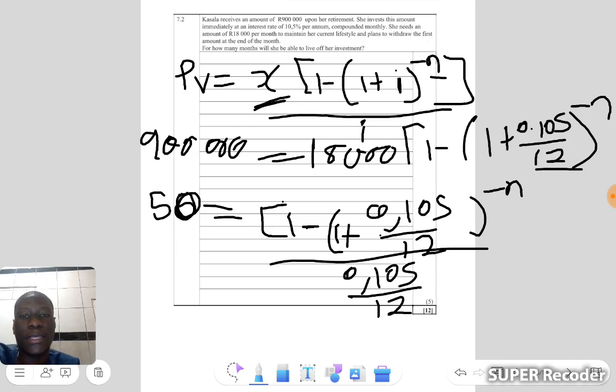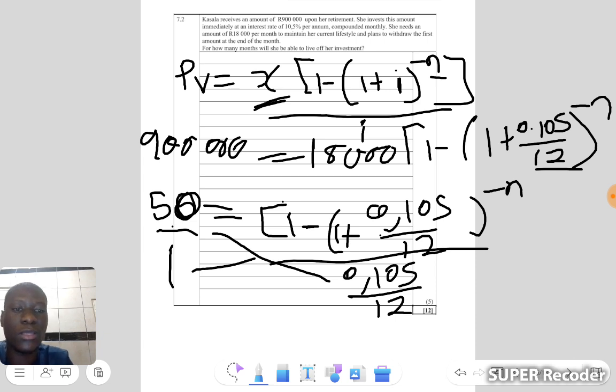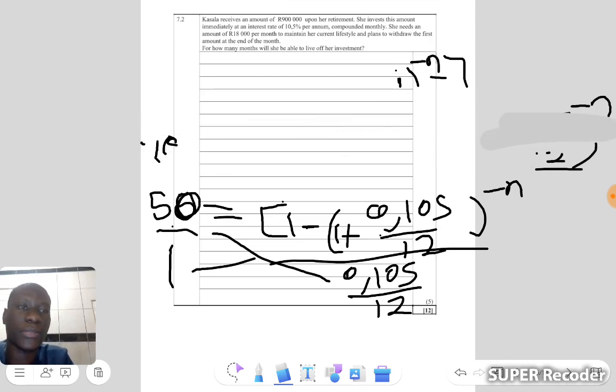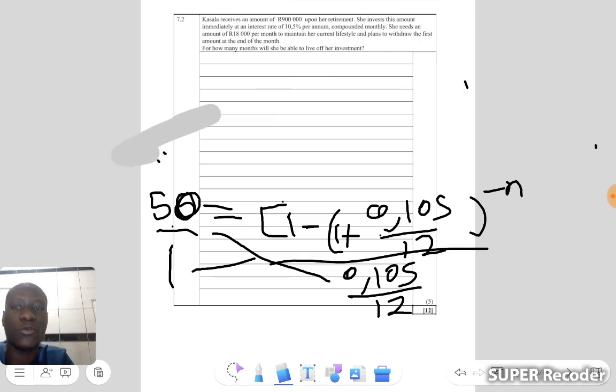So if you are here, you can see that we can do a cross multiplication, because it's like this, right? If we multiply 50 times 0.105 divided by 12, I hope you are following what I'm saying.